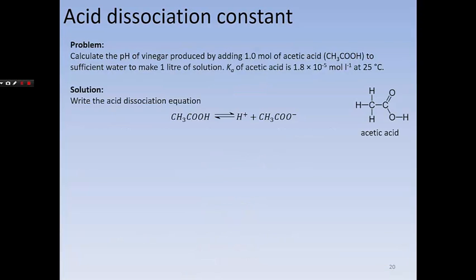Now let's practice with the acid dissociation constant. Please pause here and read the information given on this slide. To calculate the pH of this solution, we need to know the concentration of hydrogen ion in this solution.